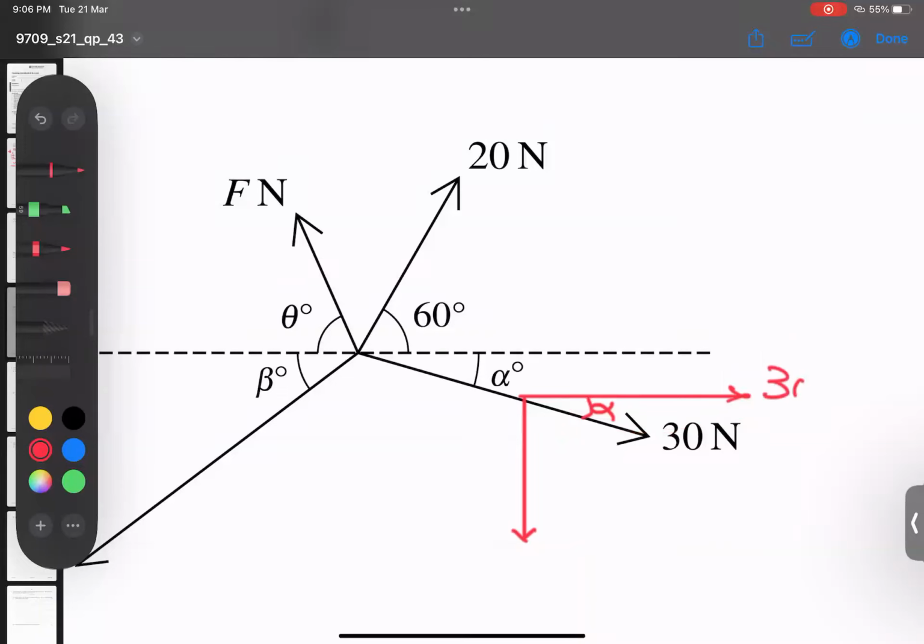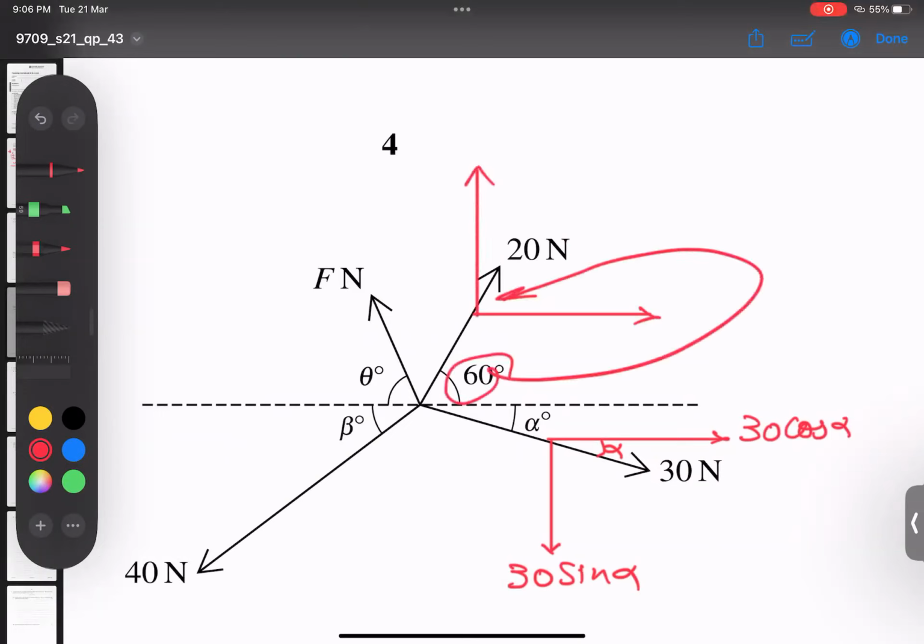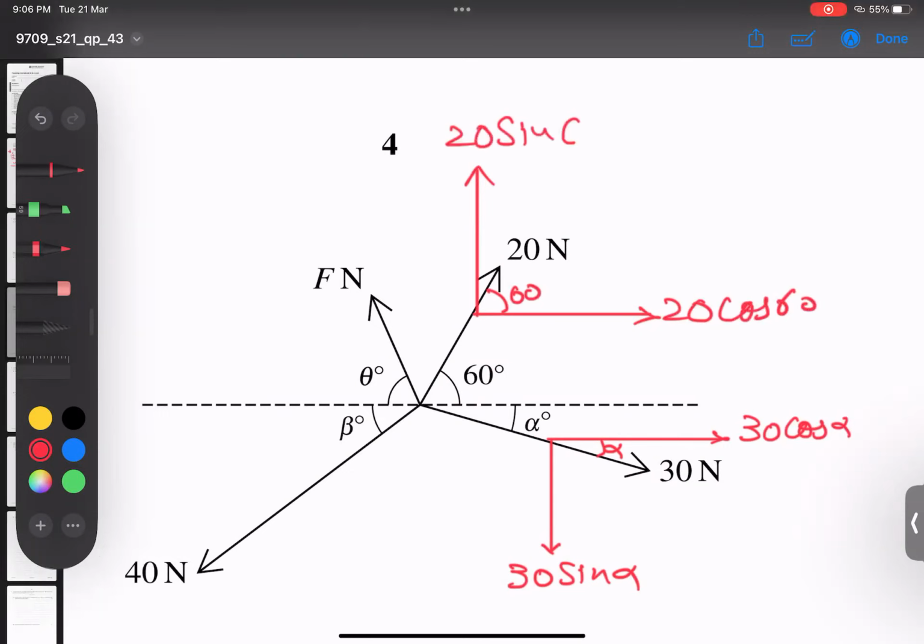So it is 30 cos alpha, and this becomes 30 sine alpha. Now 60 degrees and 20. I will make one force acting parallel to the x-axis and one parallel to the y-axis. This 60 comes here, so this is 20 cos 60, and above it is 20 sine 60.